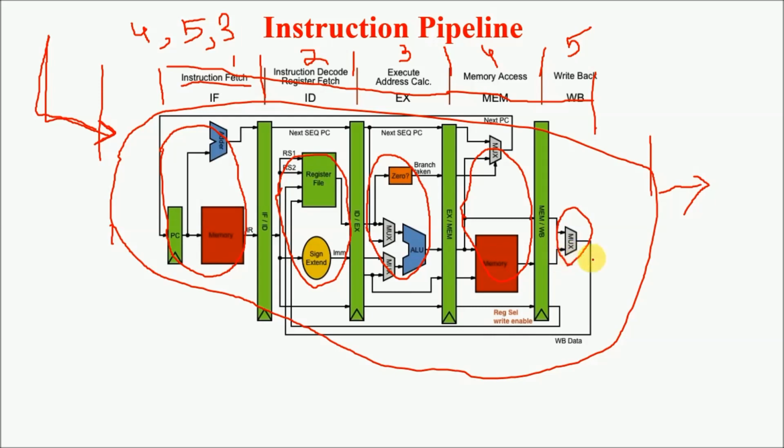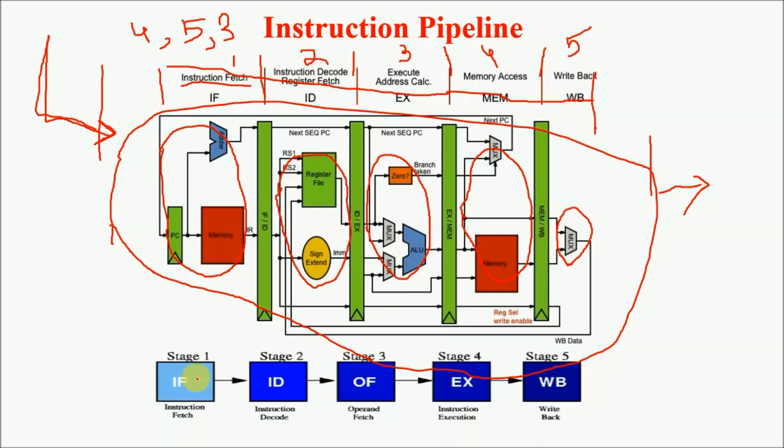That means the whole instruction execution process is divided into 5 stages. So that's why it's called the 5-stage pipelining process. For simplification, we'll call all these stages by these names. The first stage is IF, instruction fetch. Second stage ID, instruction decode.